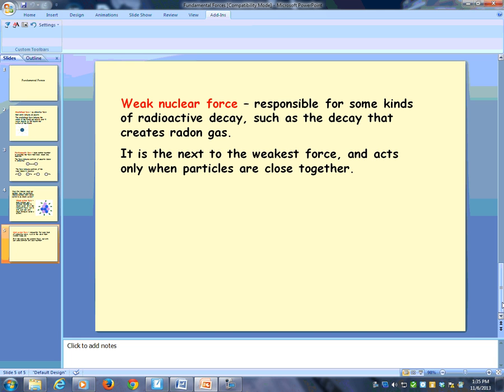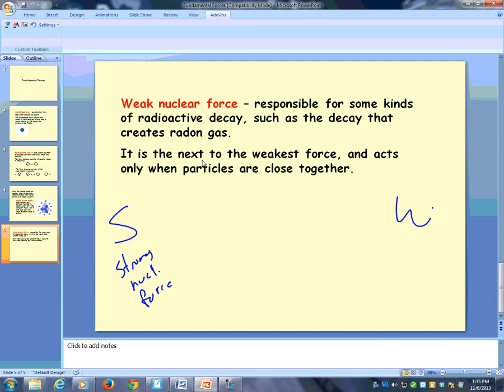Okay? All you really need to know is the names, maybe kind of what they do, and how strong they are. So if I asked you to rank them from strong to weak, we know that which one is strongest? Strong nuclear force. Which one of the four, this says next to weakest, right?